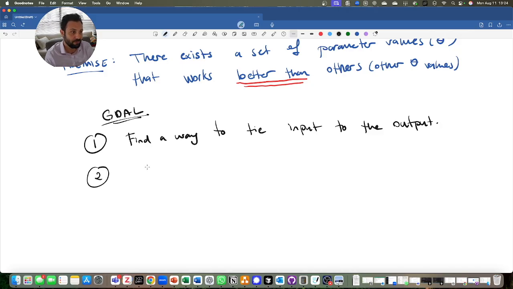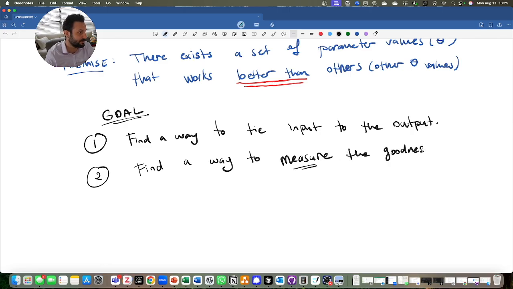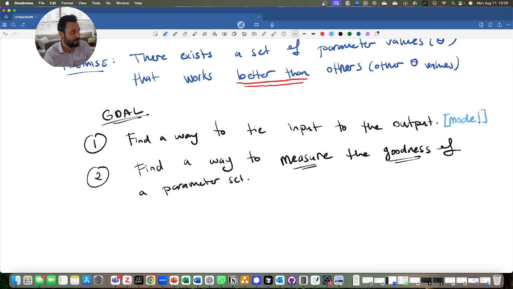And two, find a way to measure the goodness of a parameter set, right? So the first one, you might have noticed, is talking us into building the model architecture.